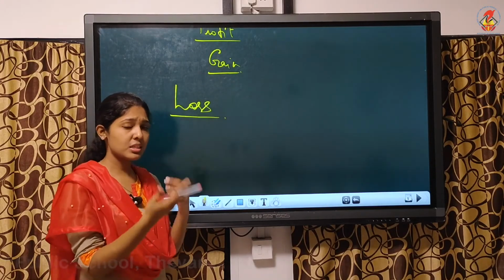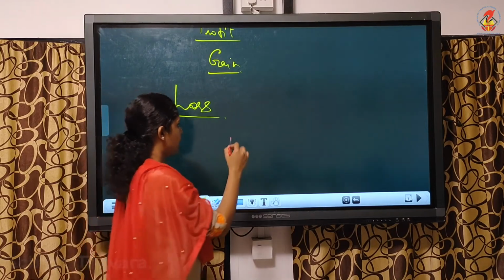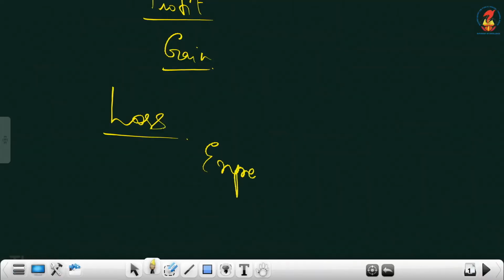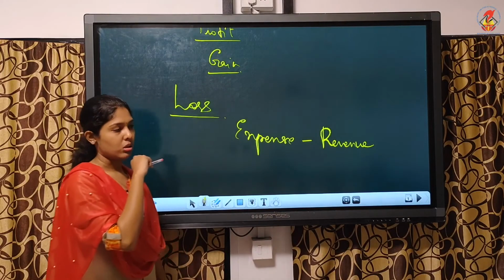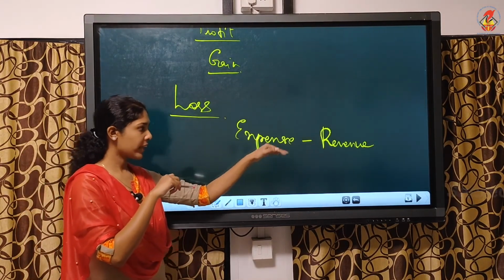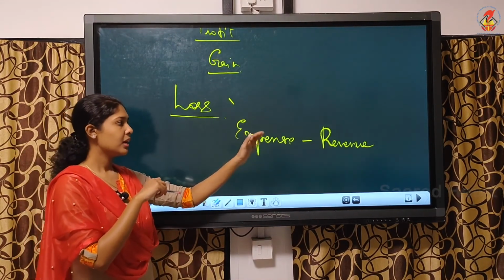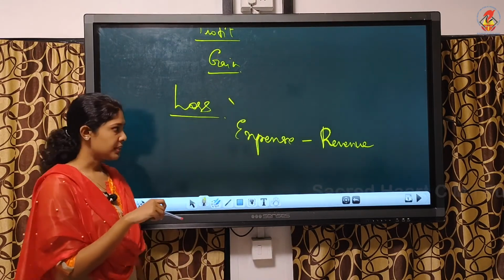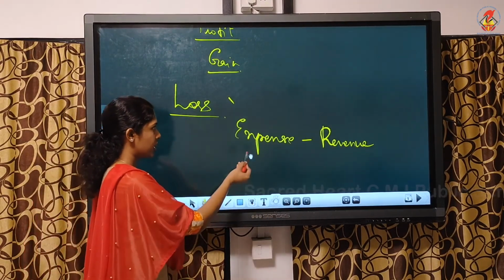Understood? Income we discussed. Reverse we will write for loss. That is expense minus revenue. The reverse of income you can write for loss. Loss is the difference between expense and revenue, or expenses of a period over revenue of that period. That's the meaning of loss.